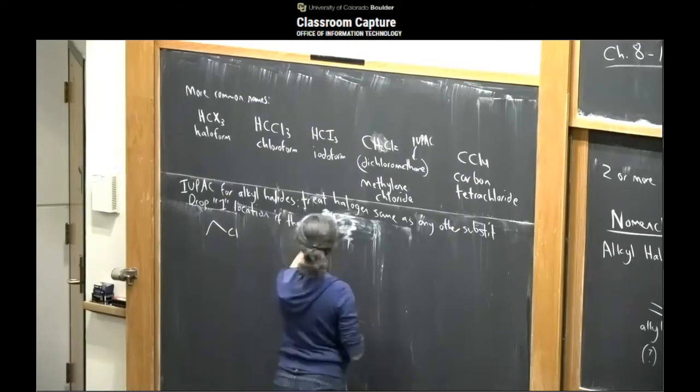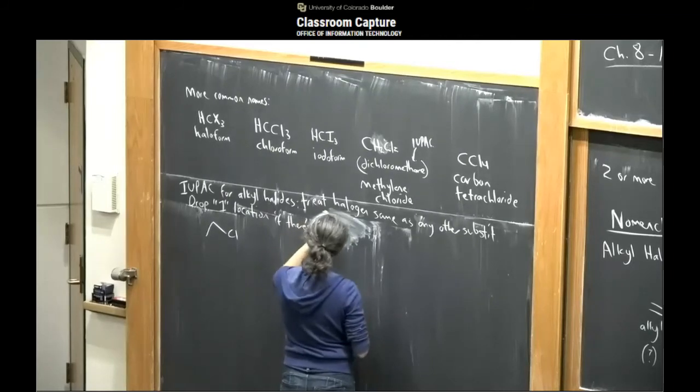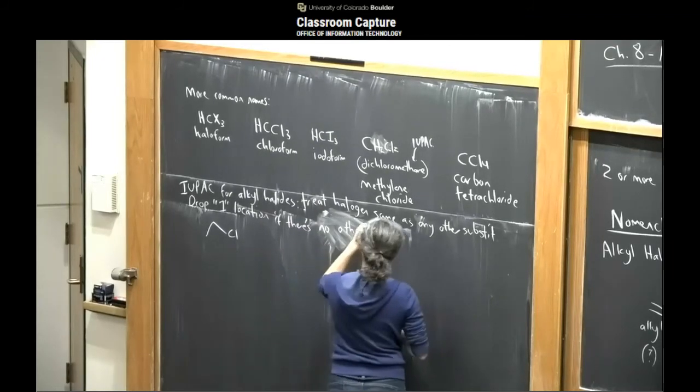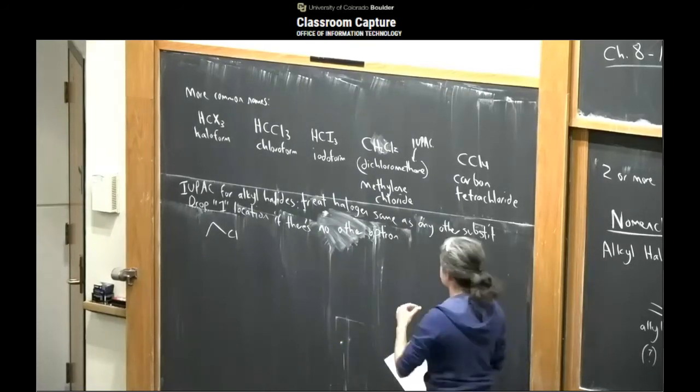Sorry, I left a big smudge on the board here. Hopefully you guys can still read through that. So drop the 1 if there's no other option for the location.